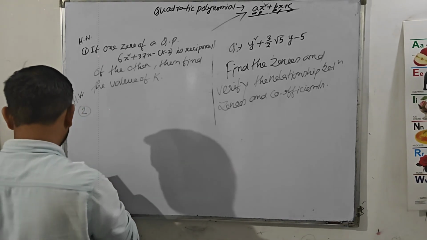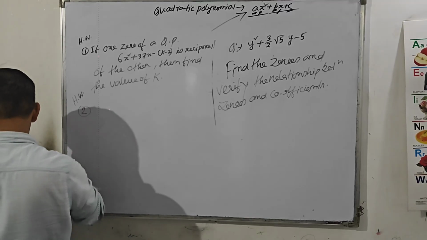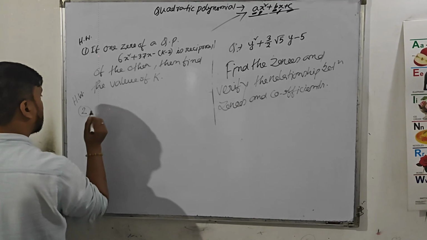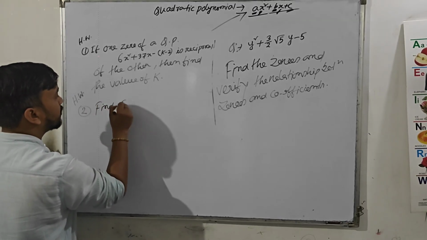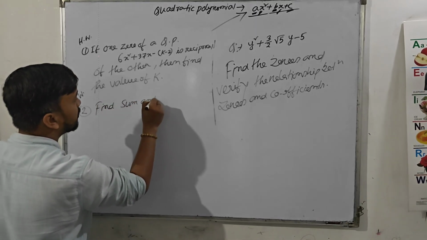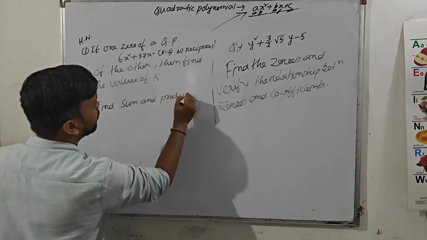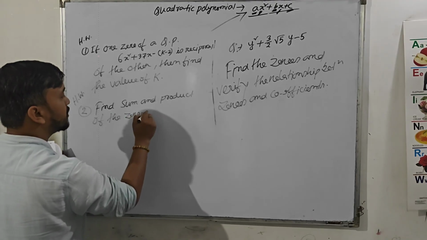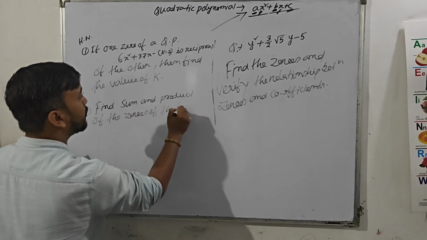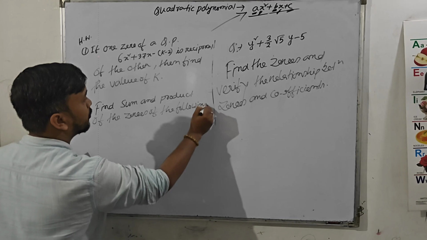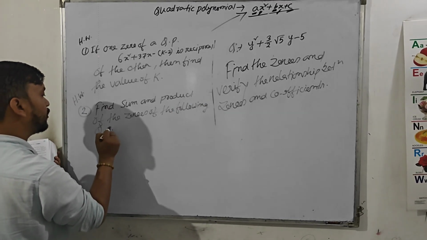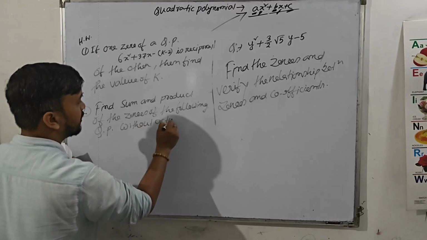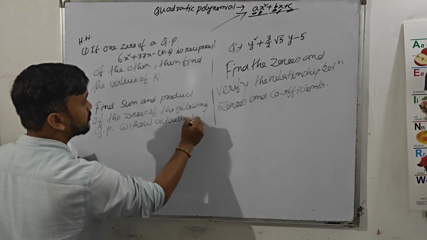Second homework is to find the sum and product of the zeros of the following quadratic polynomials without actually solving them.